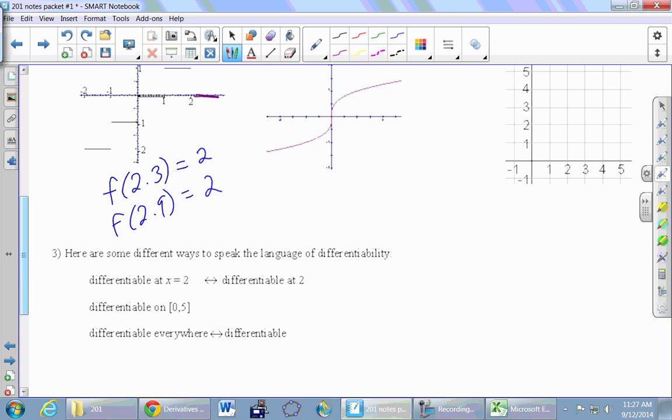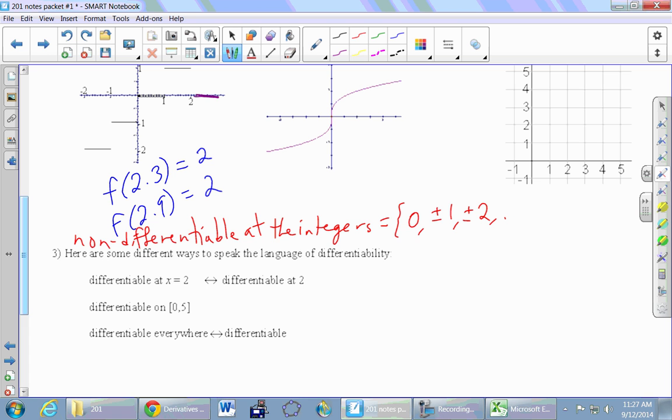So this function is non-differentiable at the integers, which we'll just write 0 and plus or minus 1 and plus or minus 2 forever. Okay, so any jump is a problem.